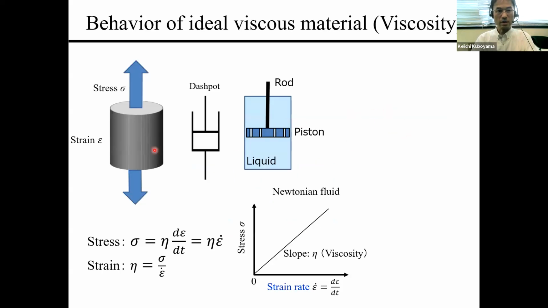So such a viscous material can be represented by a dashpot. Do you know dashpot? So for example, a dashpot can be represented by such kind of device. This one is a container filled with a liquid, and there is a piston, and there are small holes.